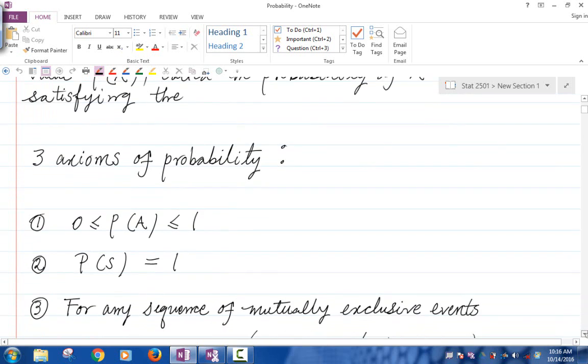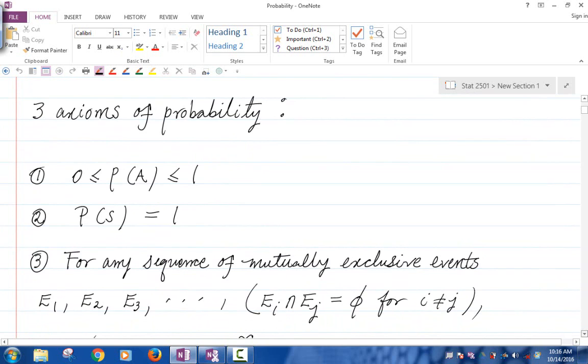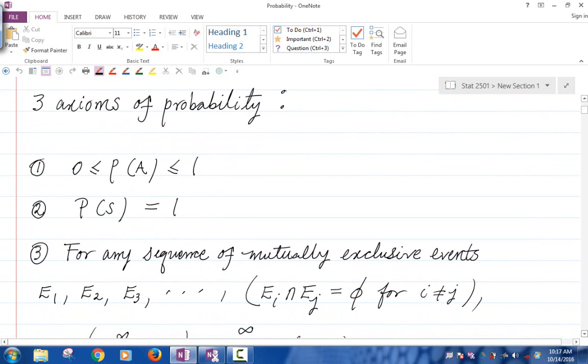And the third assumption is the following. For any sequence of mutually exclusive events, E1, E2, E3, mutually exclusive means the intersection of Ei and Ej is empty for any i not equal to j, right?